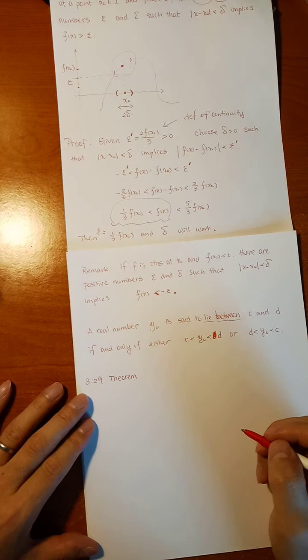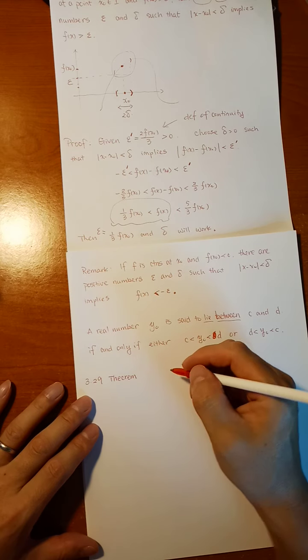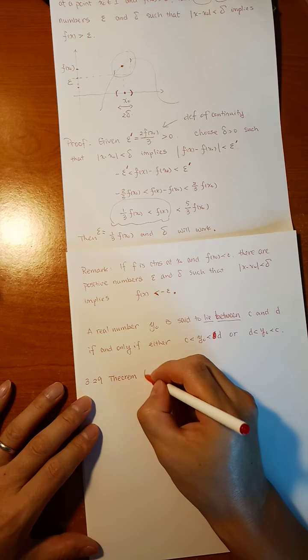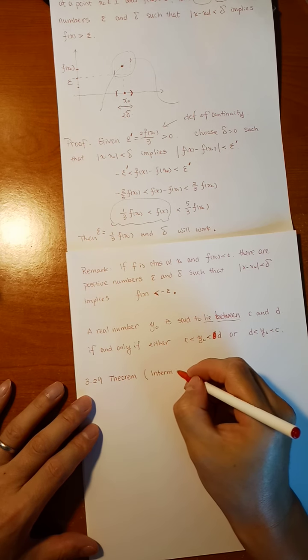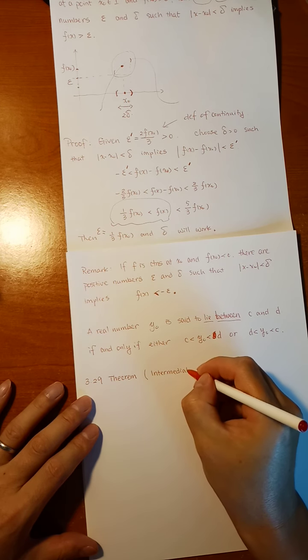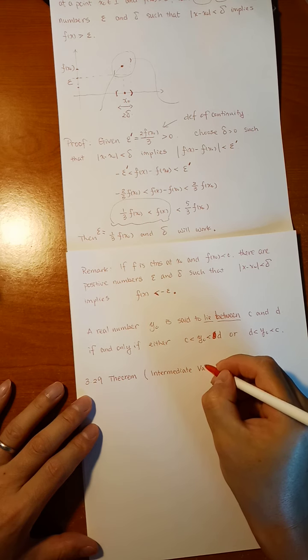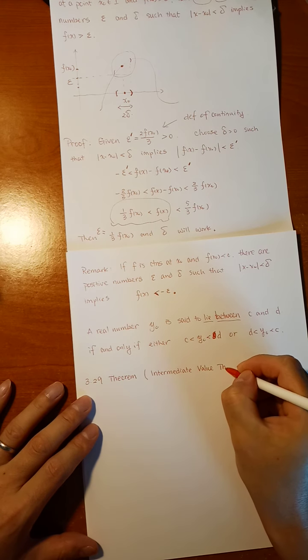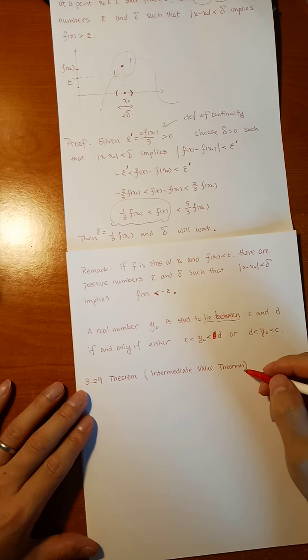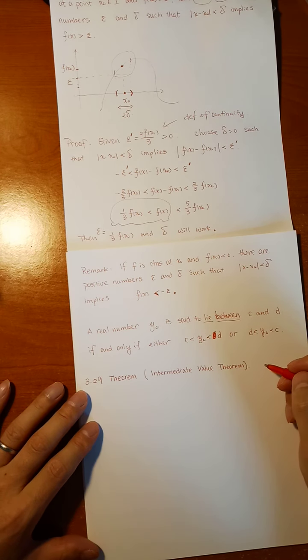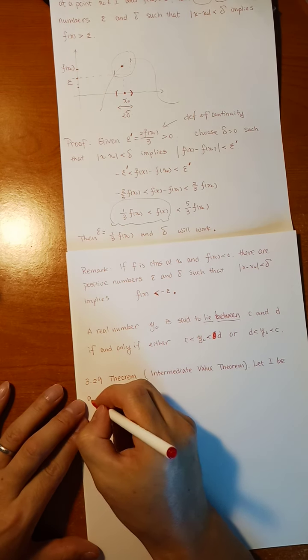Now let's see Theorem 3.29, the intermediate value theorem. Let I be a non-degenerate interval.